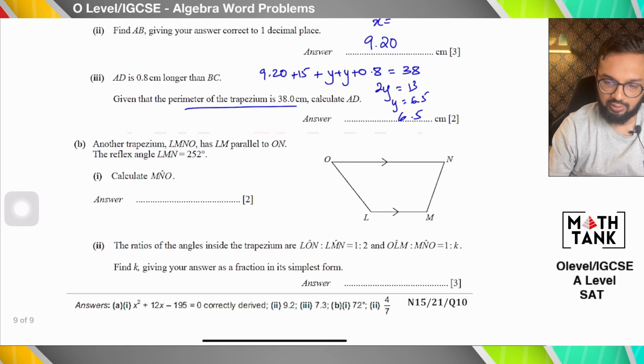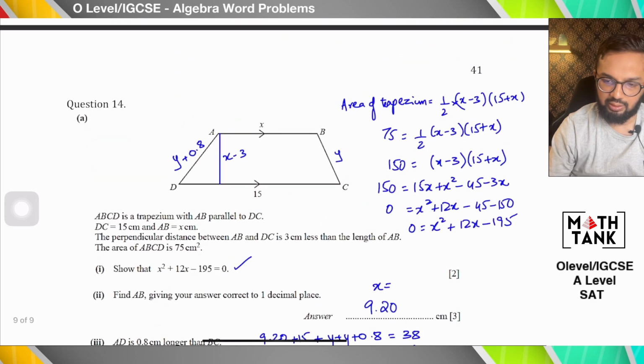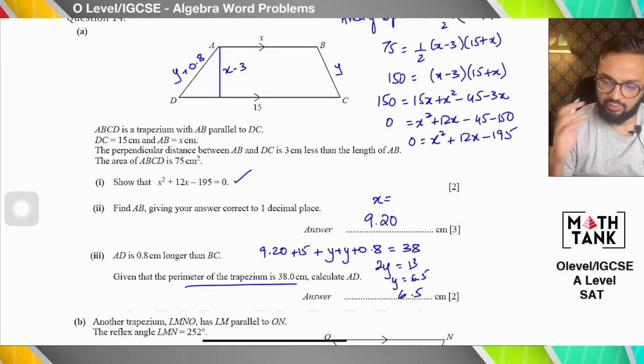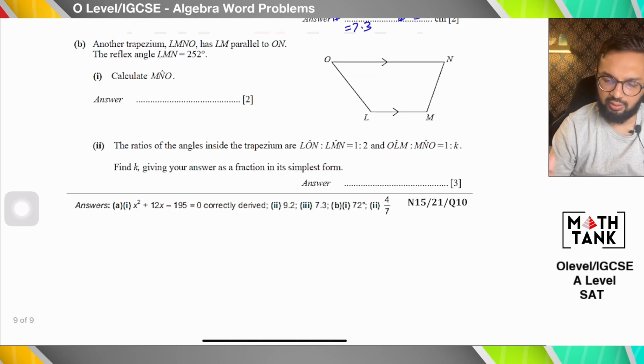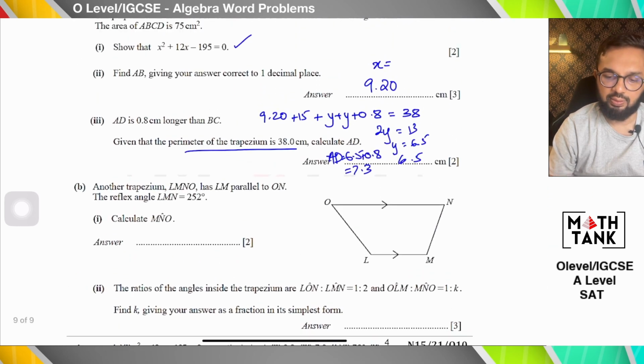Let's check. That is the correct answer. So AD should therefore be 6.5 plus 0.8, which is 7.3, I think. Is that the correct answer? Yes, that's the correct answer.